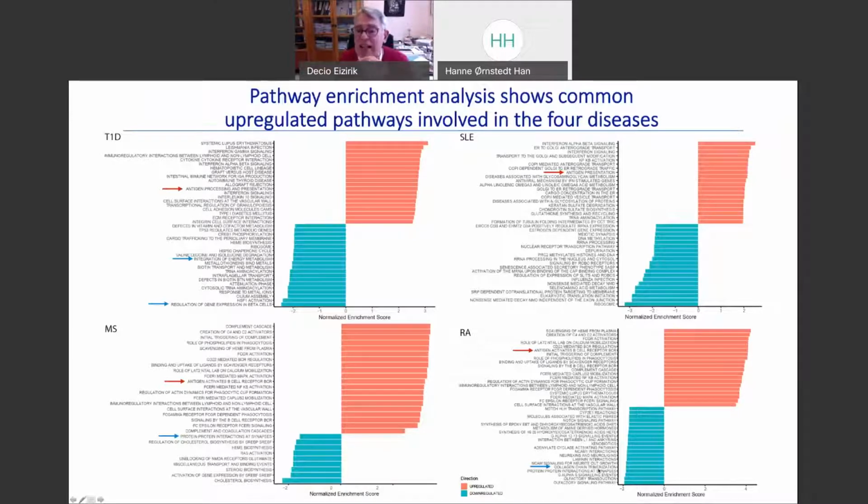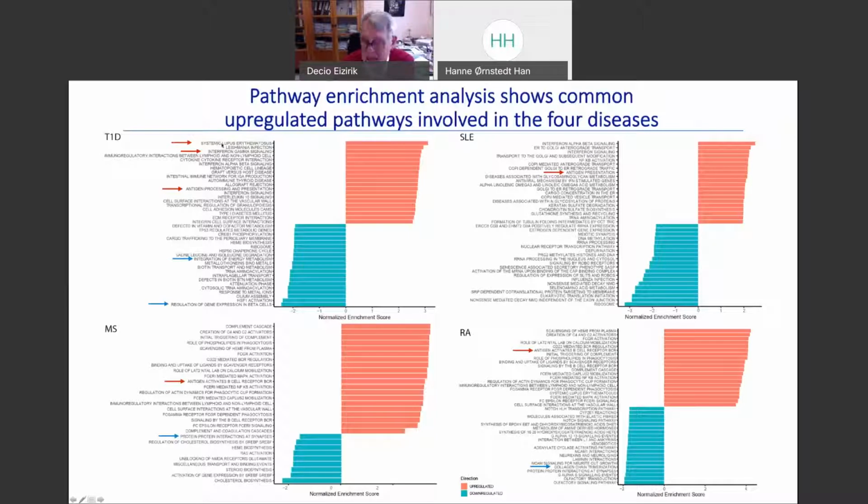So it seems that the downregulated genes are disease-specific, while the upregulated genes tend to be similar, to the extent that the highest upregulated pathway in type 1 is lupus. So there are so many genes in common that lupus comes as the most upregulated pathway.